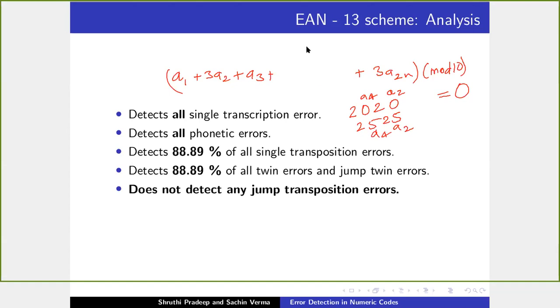Since we know the conditions already, we will be able to find what a1 is for both these numbers, and in this case they come out to be the same. That is why this becomes an example where we won't be able to detect the error.